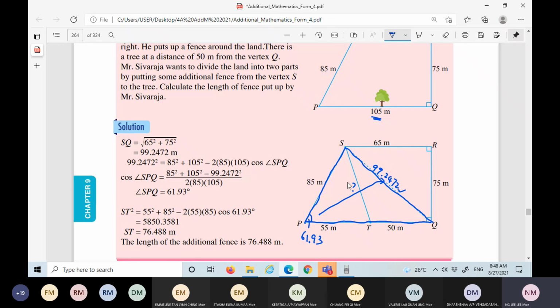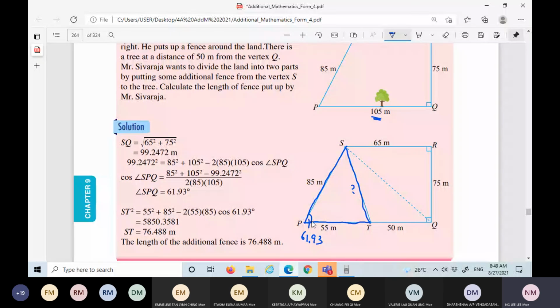Once you get the angle already, now you are looking at the smaller one, because the question is asking for this. So you have 2 lengths and 1 included angle.